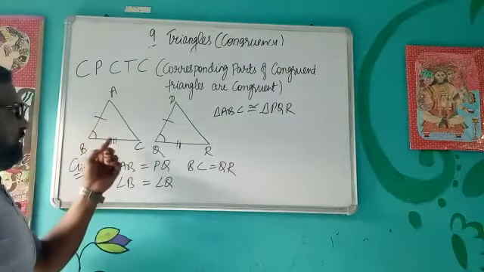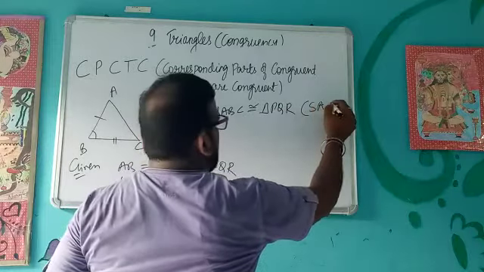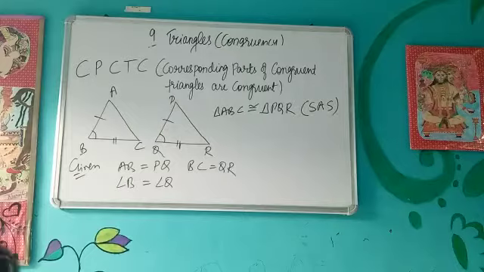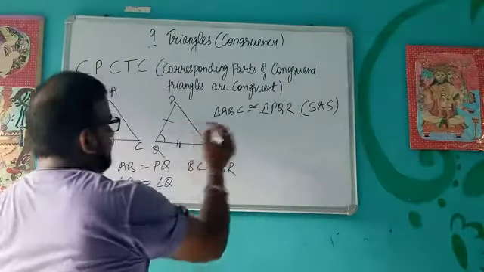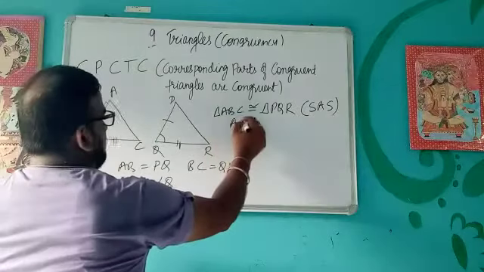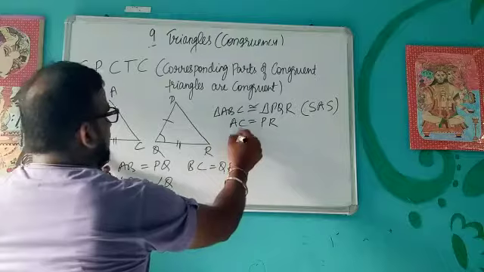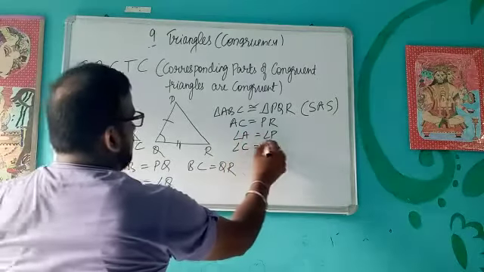Side, angle, side. So when you have proved the two triangles congruent to each other, then the remaining sides, that is AC was left, and what else was left? Angle A and angle C were left.